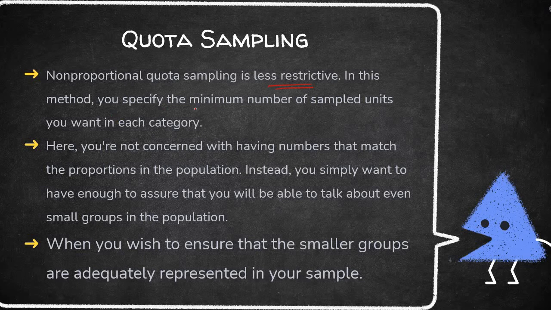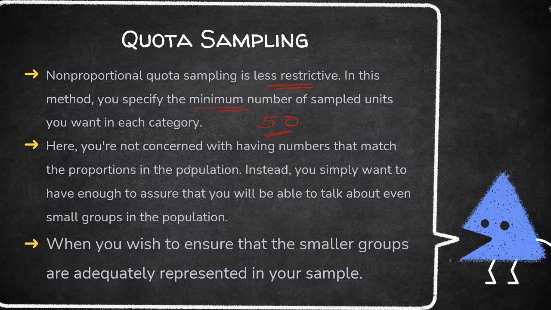You just specify the minimum number of sampled units which you want in each category. So for 100, in the previous example itself, let's say we choose at least 50 members of each, so 50 men and 50 women. That is non-proportional quota sampling.